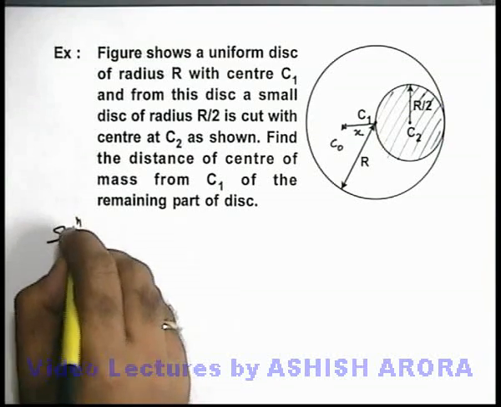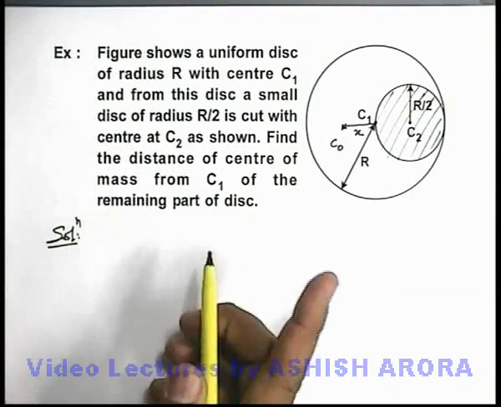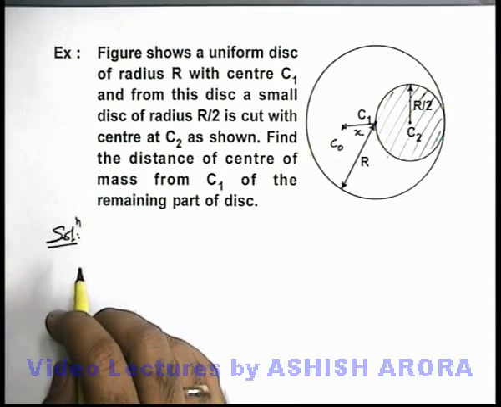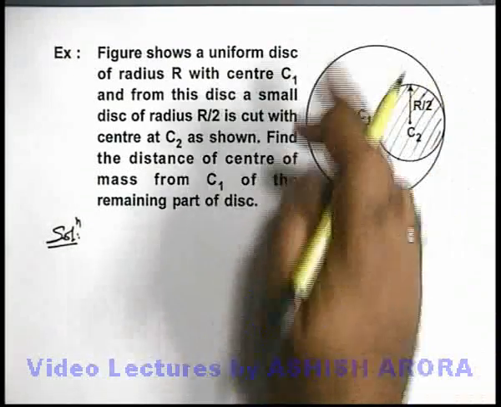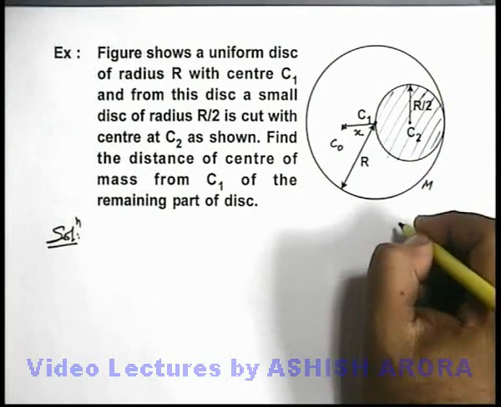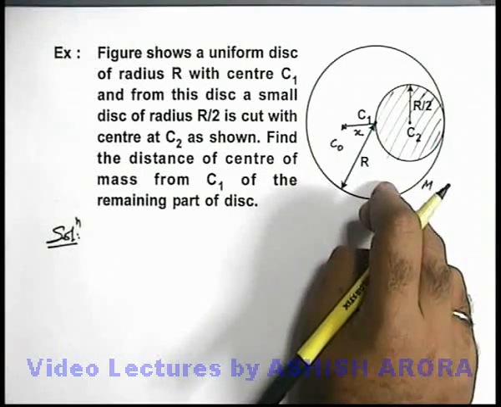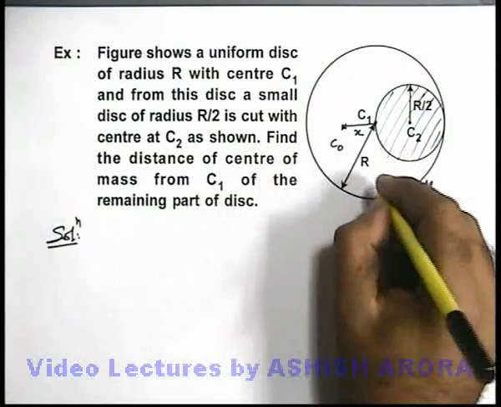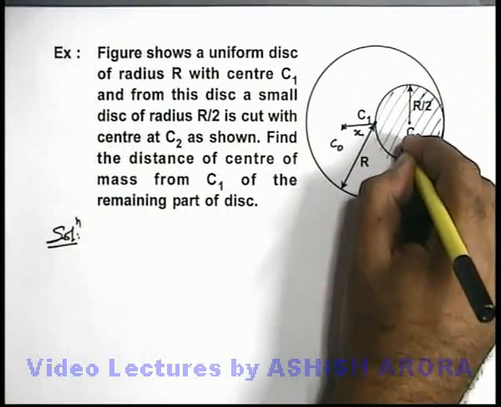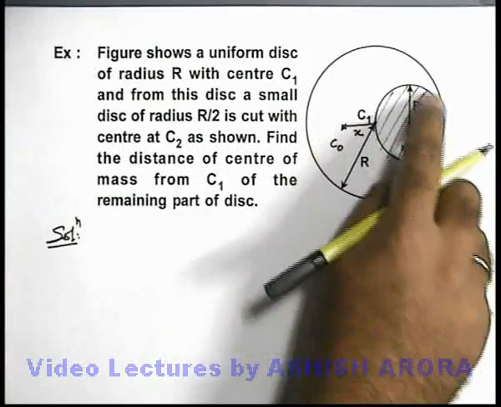In this situation, we can directly use the concept of mass moments for localization of center of mass. Say for the complete disk, if it is of mass m, this mass will be distributed uniformly throughout its area. If we divide it in two parts, one is m1 and other is m2. m1 is the remaining part of disk and m2 is the smaller disk.